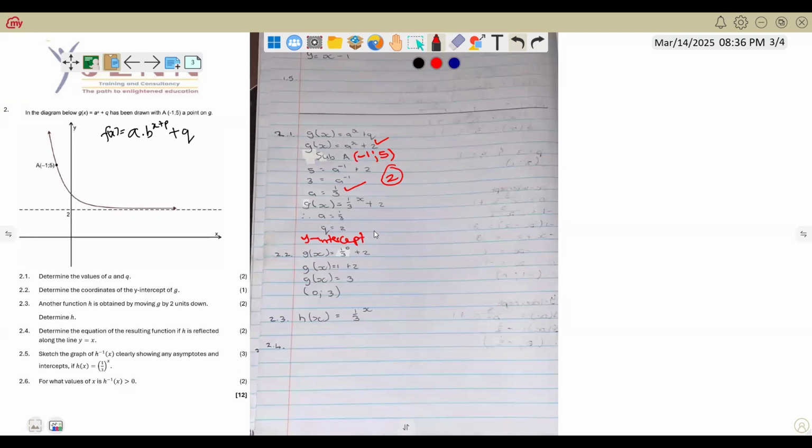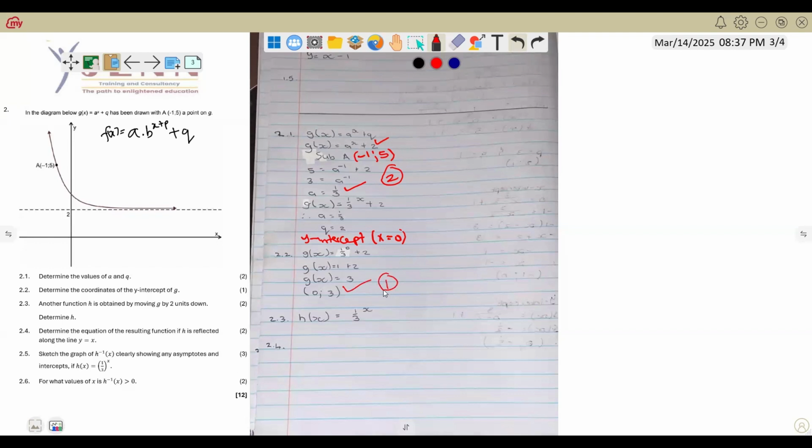From the equation, because you now know g(x) is equal to 3 times (1/3) to the power of x plus 2, where there is x, substitute 0, and you get 3. So your y-intercept is (0, 3). Is that clear? Yes, sir.